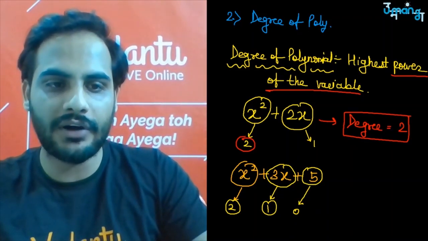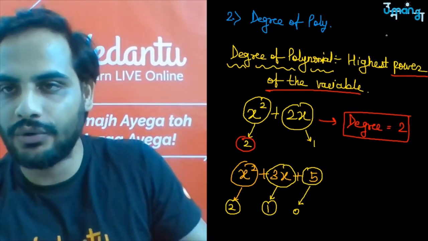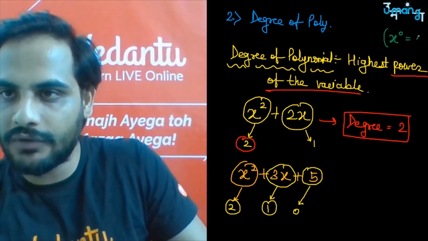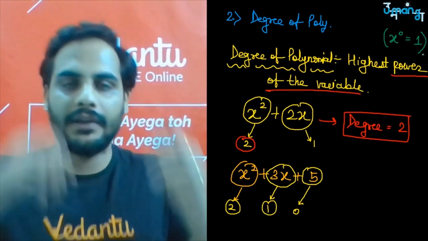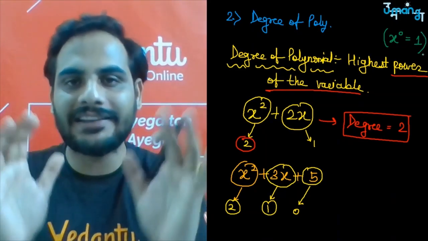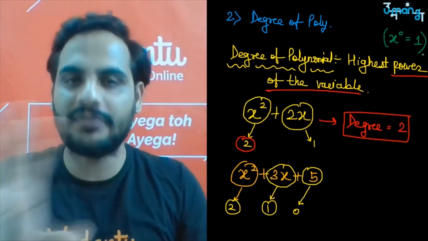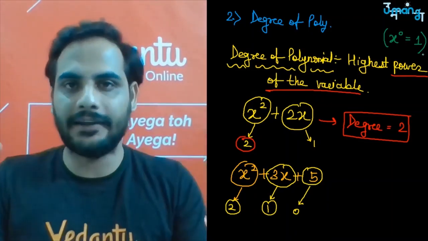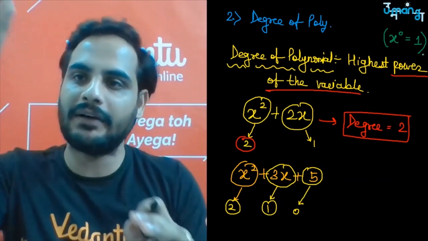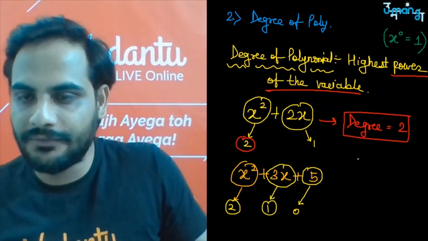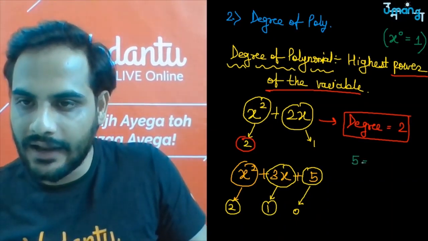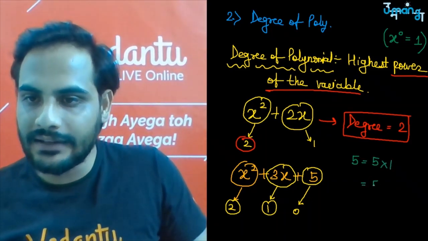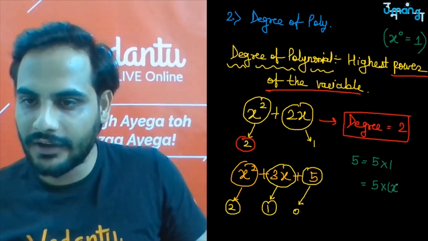Now how do we get that it is 0? You know that any variable raised to the power 0 is equal to 1. Any number or variable, anything non-zero raised to the power 0 is equal to 1. So this 5 I can write as 5 into 1, and this 1 I can write as x raised to the power 0.